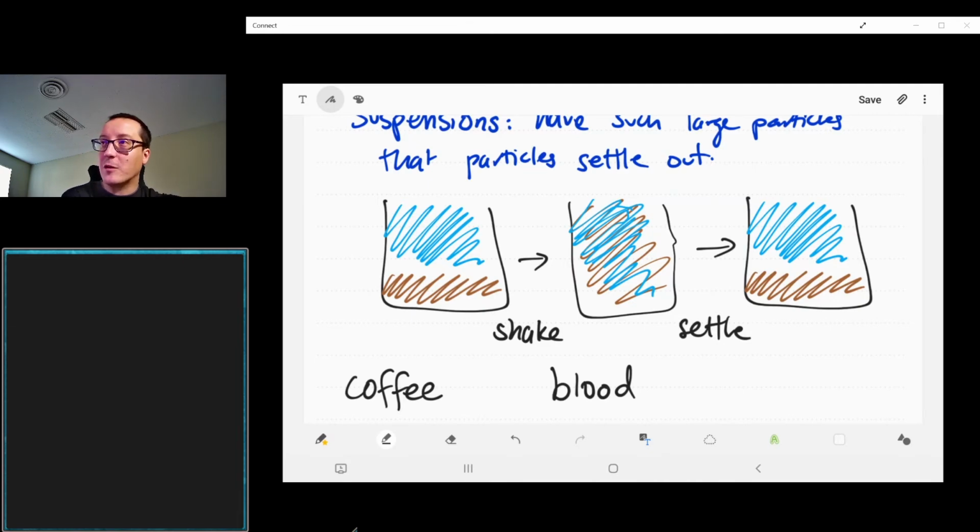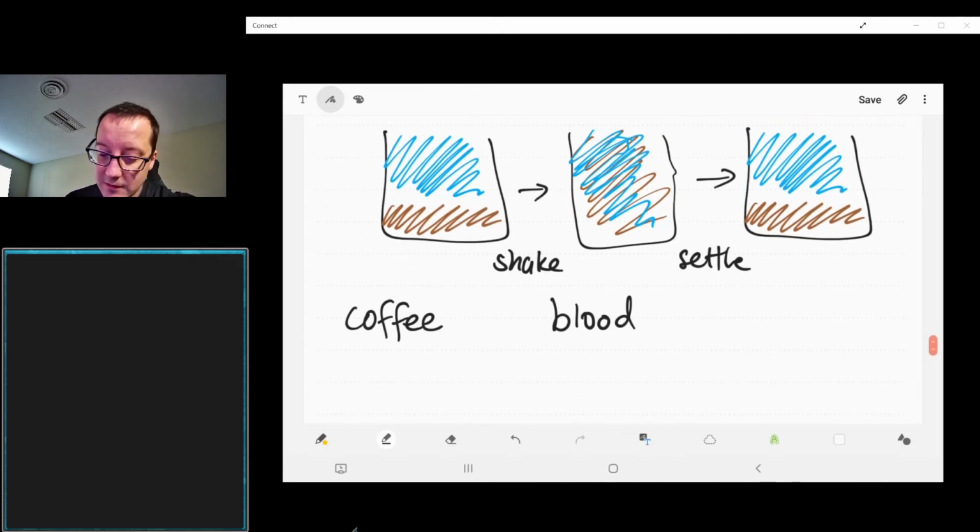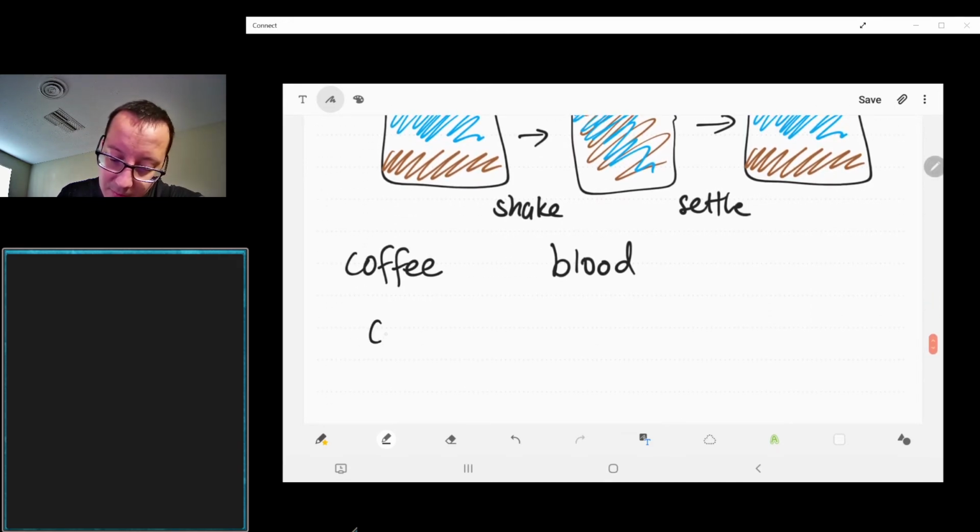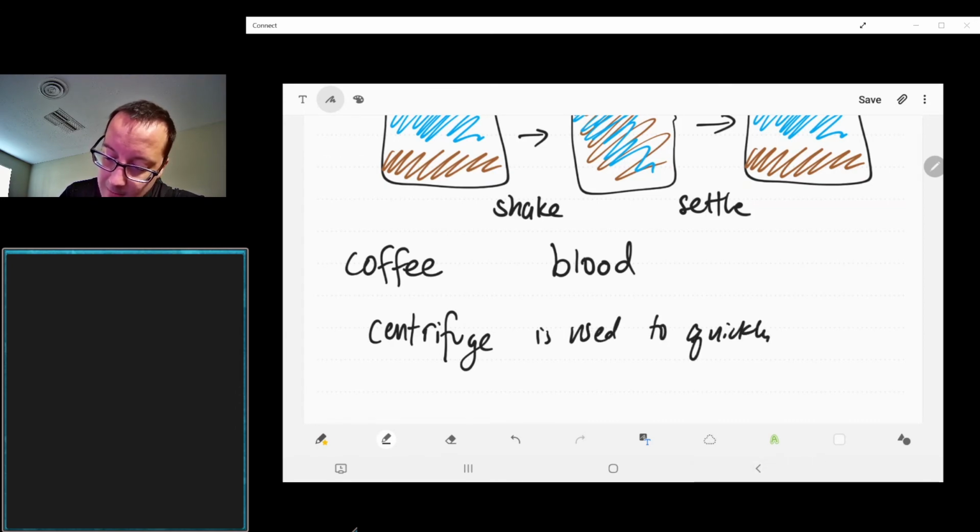It's called a hematocrit. They're able to force the heavier things to go to the bottom, so they can force it to settle out quickly. So you can use a centrifuge to separate something very quickly. That's just something that's common. A centrifuge is used to quickly settle suspensions.